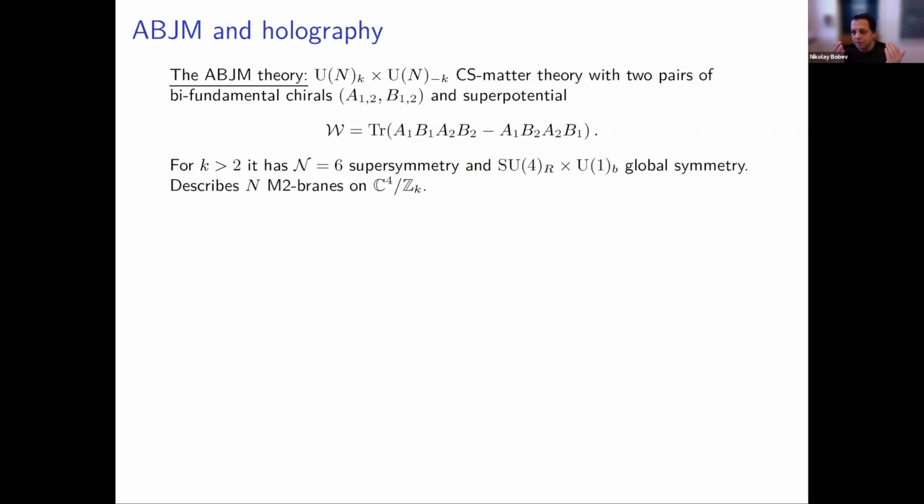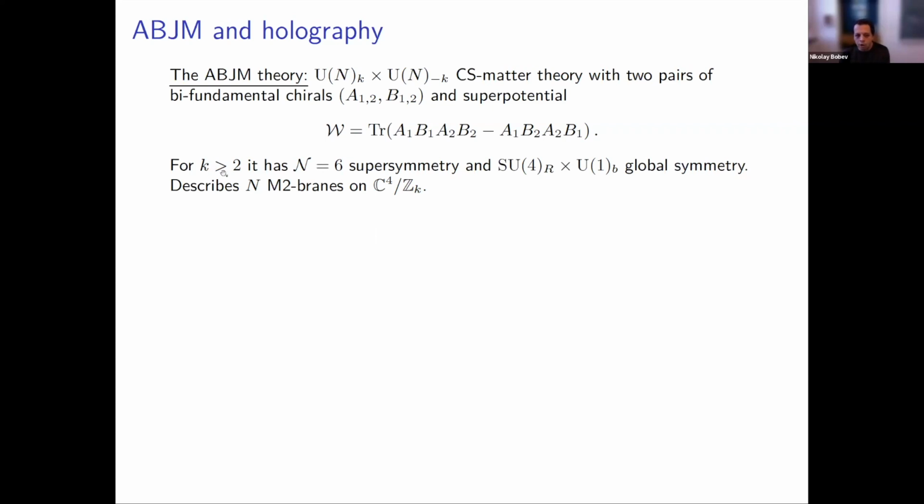And the reason it is an interesting model is that for any k, it is supposed to describe the low energy dynamics of N M2 branes probing the space C^4 mod Z_k. So this Z_k orbifold acts in some specific way on the C^4, and when k is more than 2, you have N=6 SUSY.